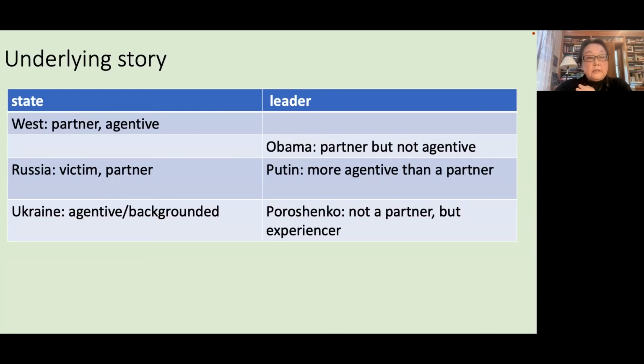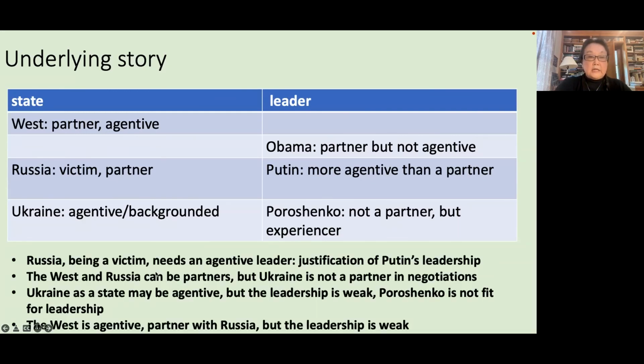And so starting from the West, it is represented as a partner, and it's agentive, whereas Obama is represented as a partner, but not really agentive. So Obama is not really represented as a fit leader. It's not represented as a good leader.